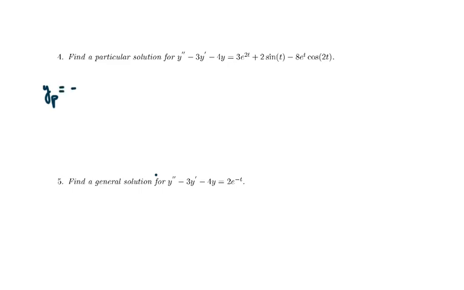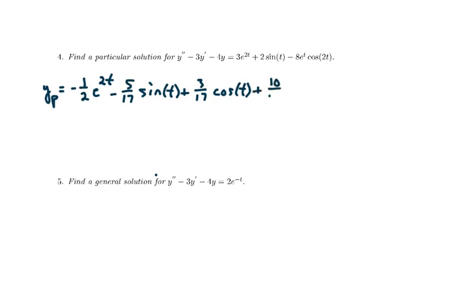So we've got negative 1/2 e to the 2t minus 5/17 sine t plus 3/17 cosine t plus 10/13 cosine 2t plus 2/13.